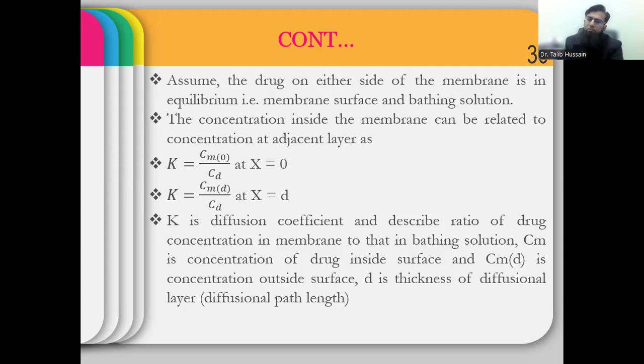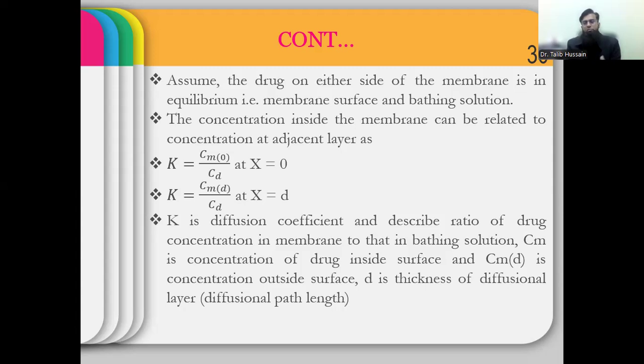So K can be substituted for the diffusional coefficient in the flux, the diffusional coefficient which was always changing in the negative direction. We can replace it with this K, which will be the diffusional coefficient and will be a ratio of the drug concentration in the membrane to the bathing solution, or the ratio of the drug in the core to the bathing solution.